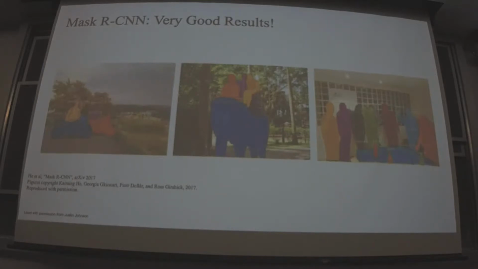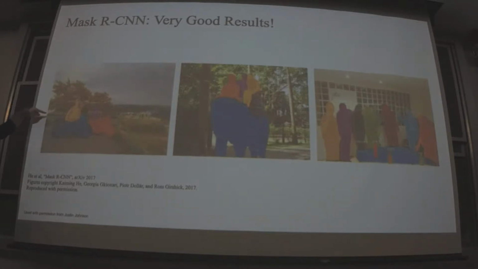Mask RCNN, so Faster RCNN with this additional mask loss, works super well. These are examples of this. It's still very popular today, although there are a few others I'm about to talk about that you might have heard of, and you'll see different versions of.